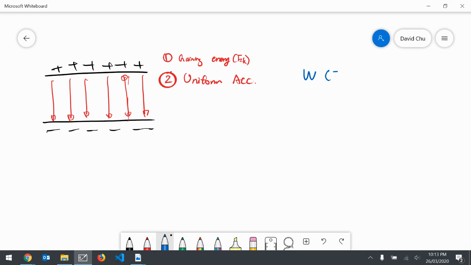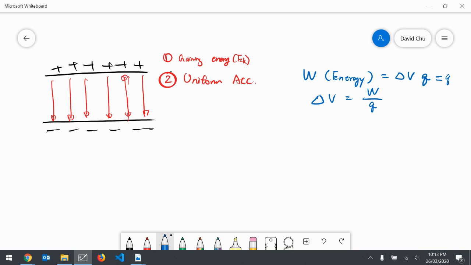Work done, which is a measure of energy, equals the potential difference between the two plates times the charge Q. In effect, potential difference is how much energy you get per charge.